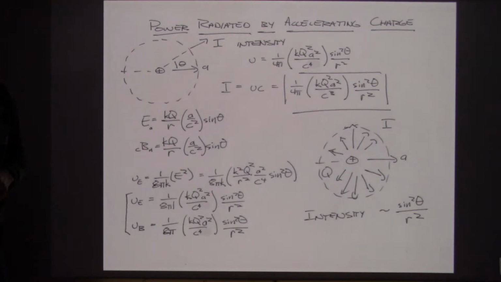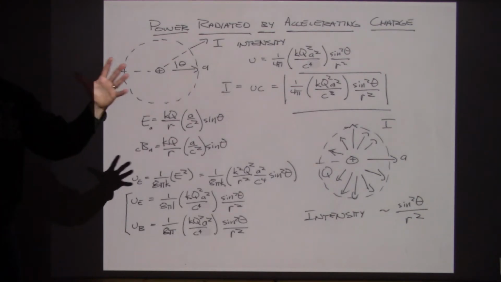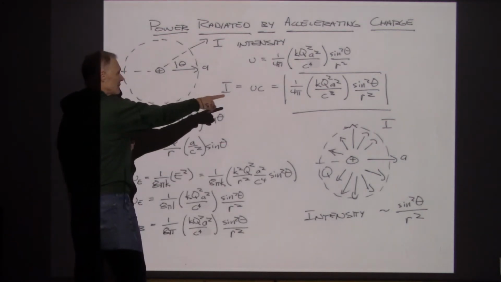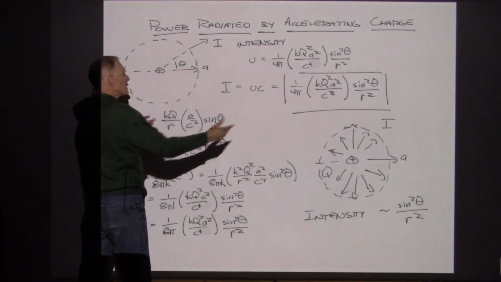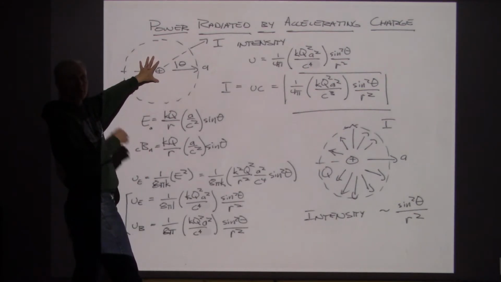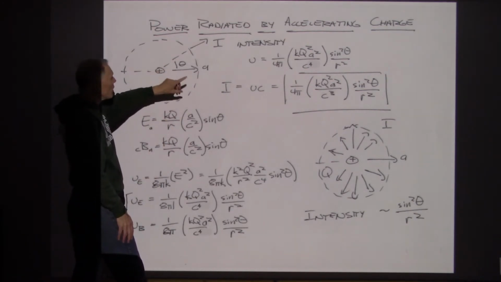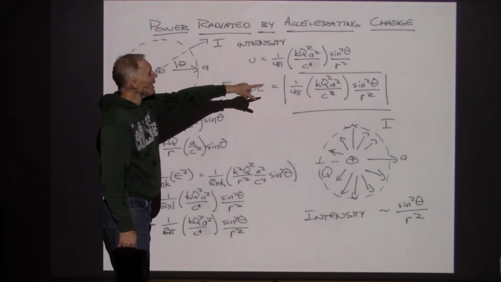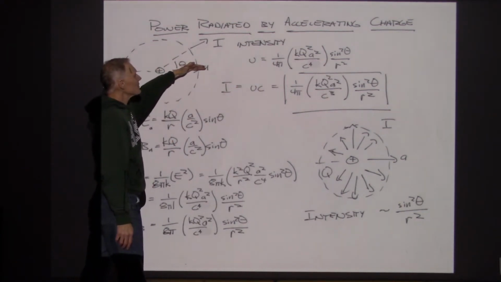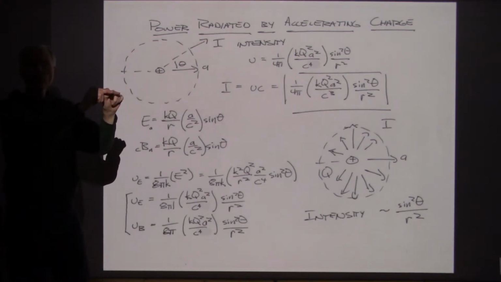The energy is conserved as it spreads out away from that point source, and that's what gives us a net flow of energy away from that charge. So the intensity is dropping off like 1 over r squared. That's what we've seen before, where we have a central source of energy being radiated. Also, what's interesting is there's a sine squared factor. So sine squared says that how much of this energy is going directly forward?